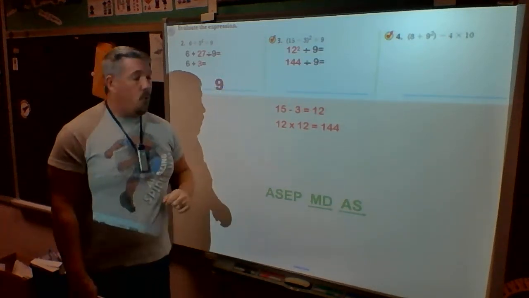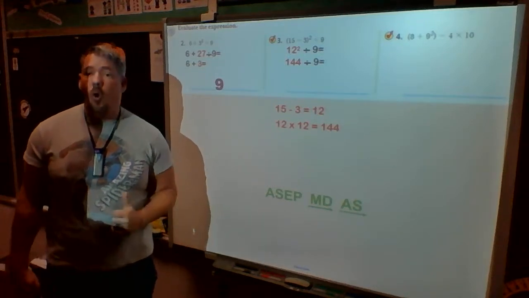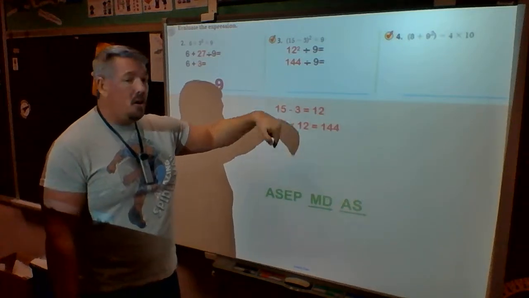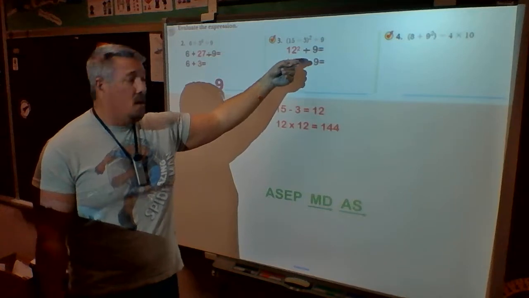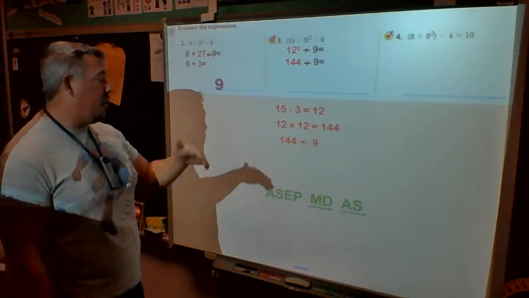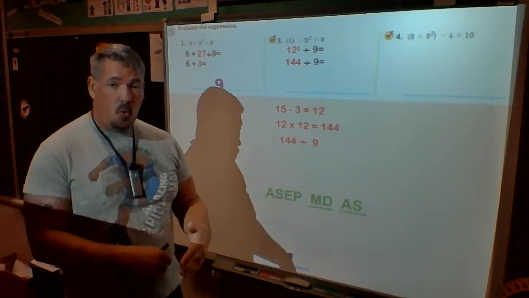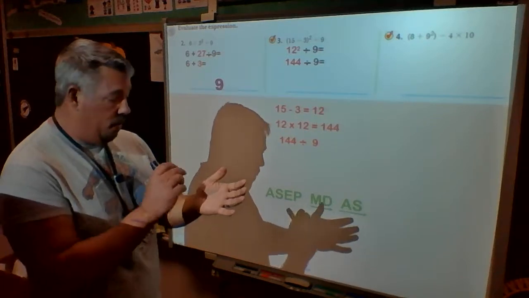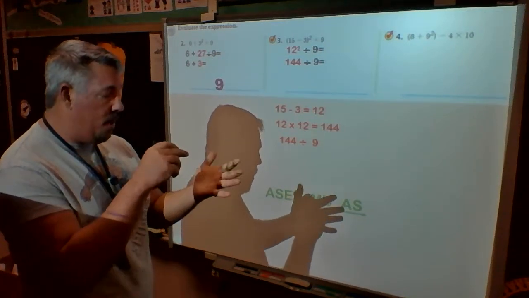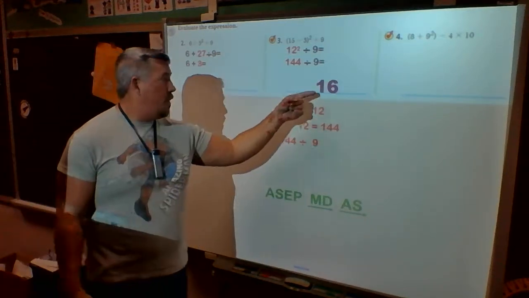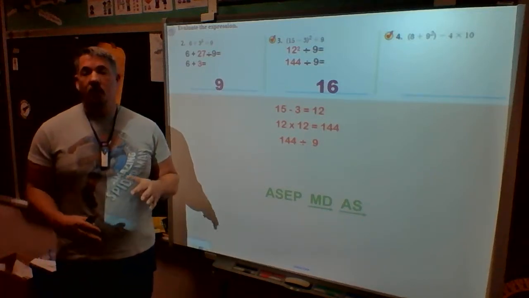So 144 divided by 9 then gives me what? My first number goes inside my division box, divided by my second number on the outside, 144. If I'm typing into my calculator, the first number gets typed in first, divided by 9 equals, and I know that it is a final answer of 16.